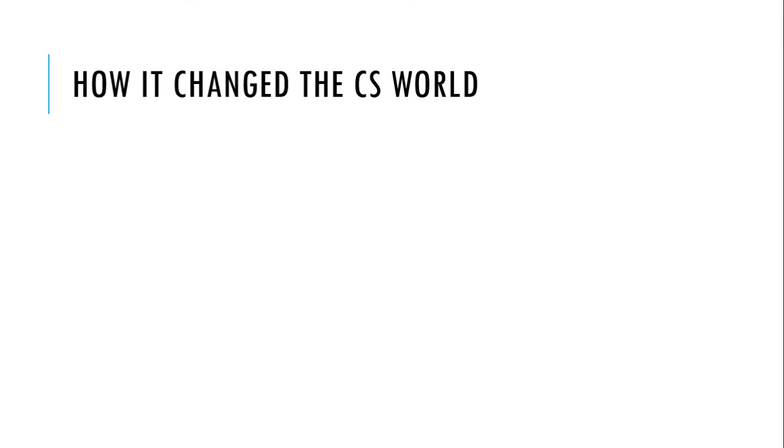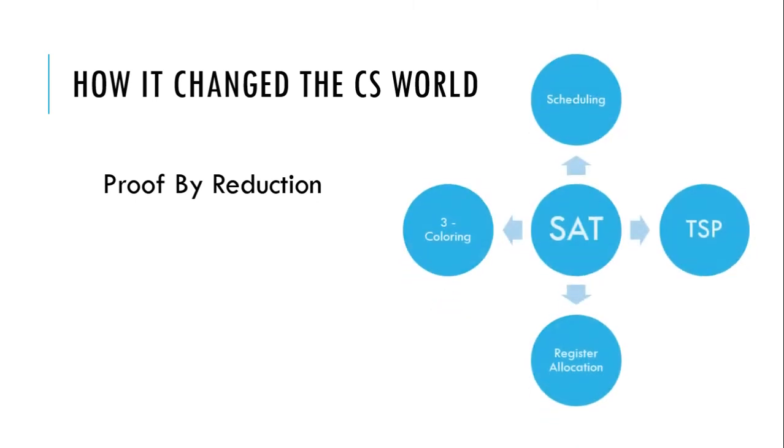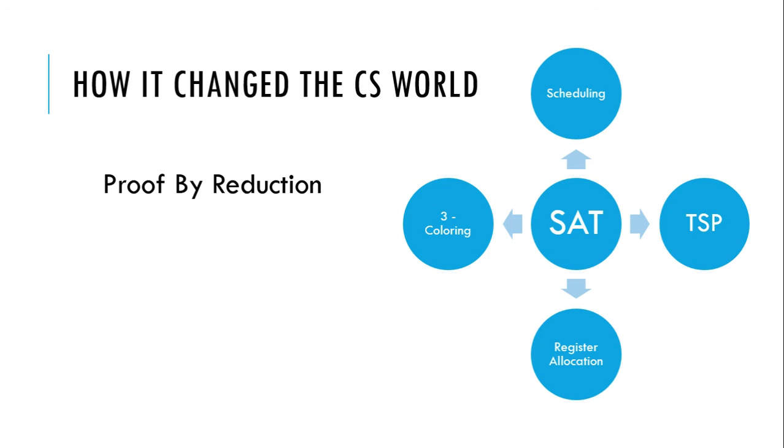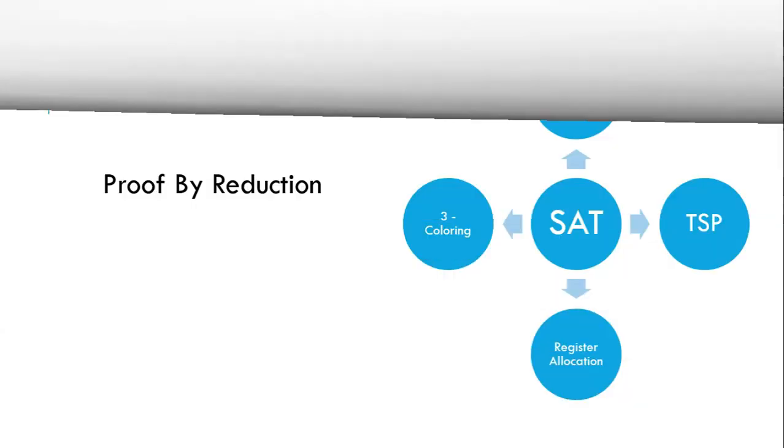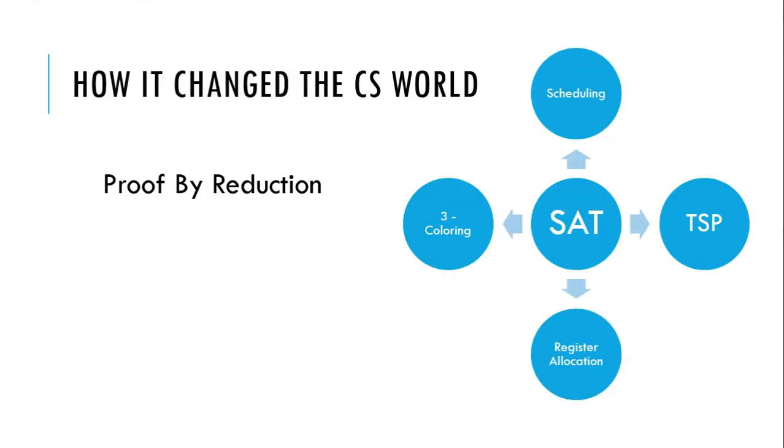So how did it change the CS world? There's a technique called proof by reduction, where you take one NP problem and try to connect it to the SAT problem. If you can manage to do that, then you have a solution to your problem. And we have a bunch of them. For example, if you go back here, we have a scheduling problem or 3 coloring from the last lecture and so forth.